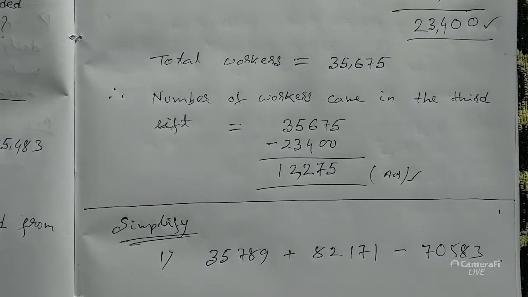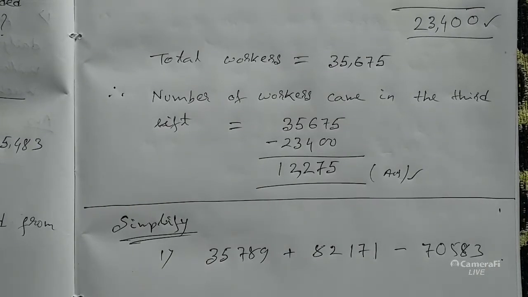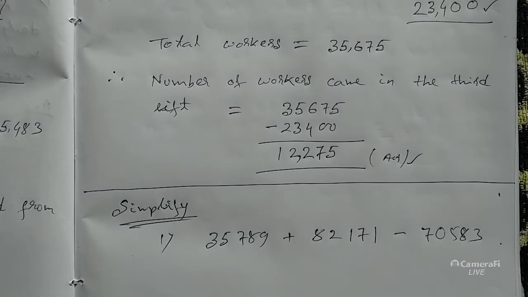So in simplification, first you have to check whether the problem is arranged as first addition and then subtraction. Yes, it is arranged. First addition is there and then subtraction.